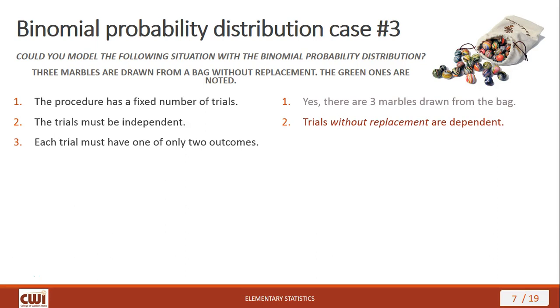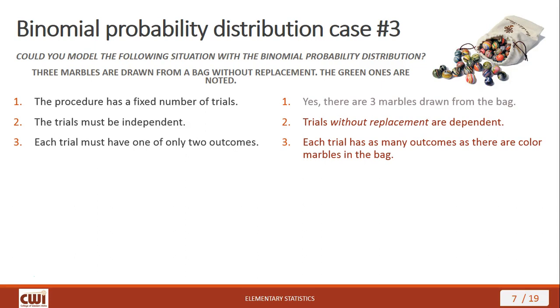3, each trial must have one of only 2 outcomes. Is that the situation here? Well, not necessarily. There's as many outcomes as there are color marbles in the bag. If we have only 2 colors of marbles in the bag, then yeah, you're going to get one or the other with each marble that you draw out. But we don't know that.